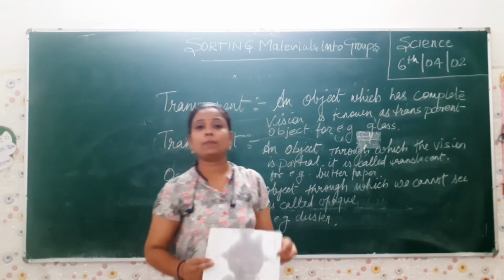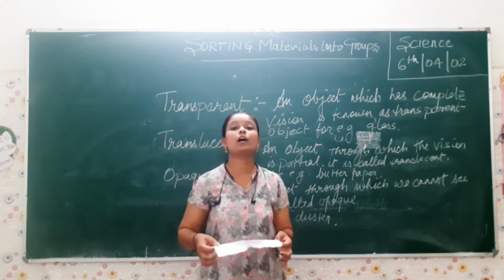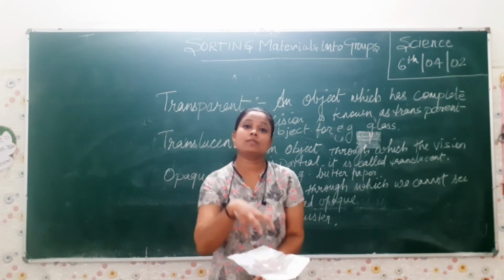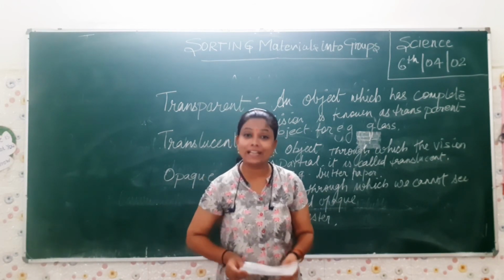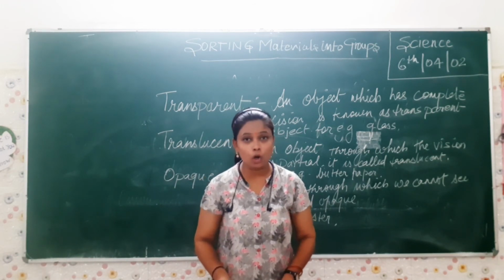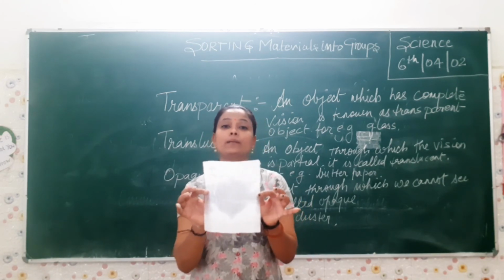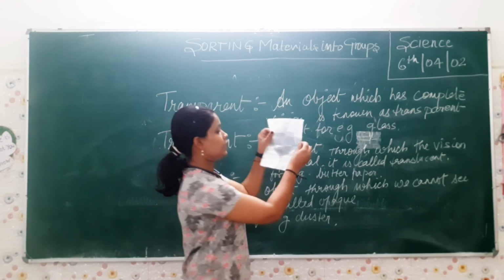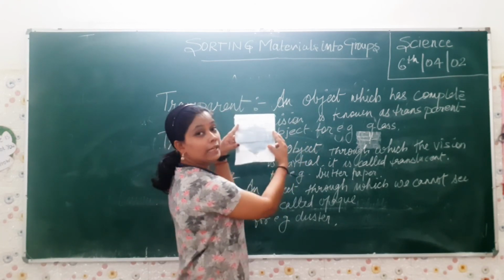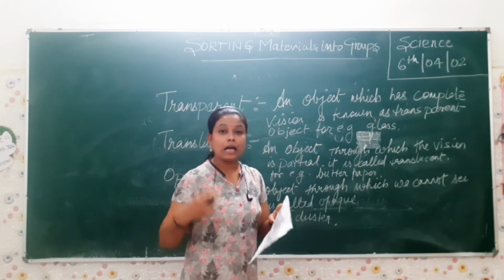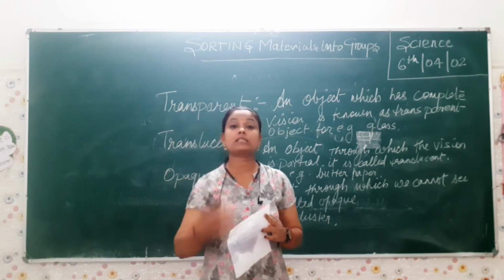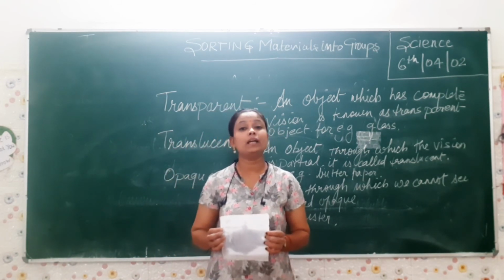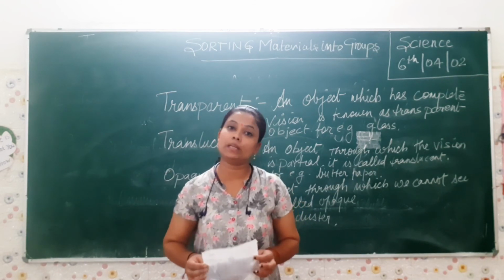How did I make it? I just took waste paper and poured some oil onto it. After pouring the oil, this object becomes translucent. If I try to see, I can see partially, meaning I can feel that there is someone or something. I cannot recognize it, only a blurred image can be made.